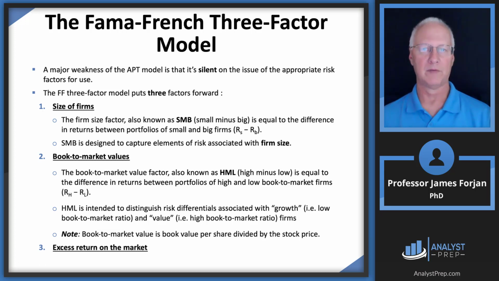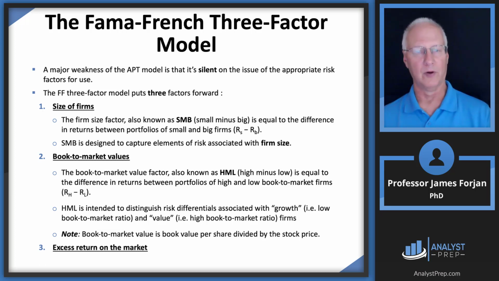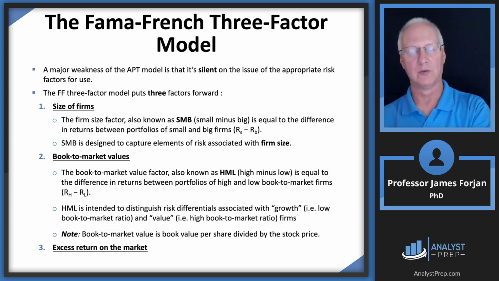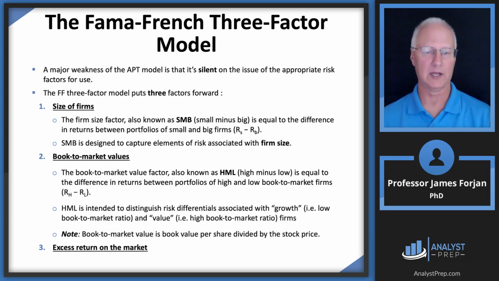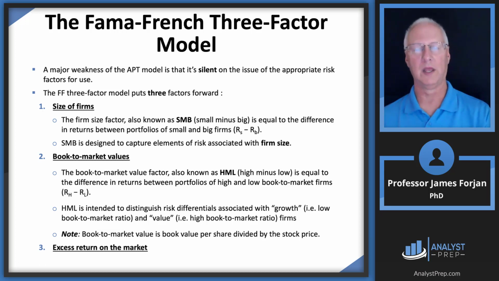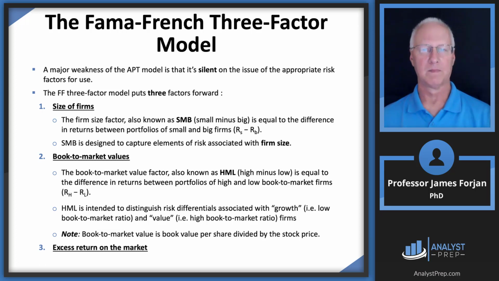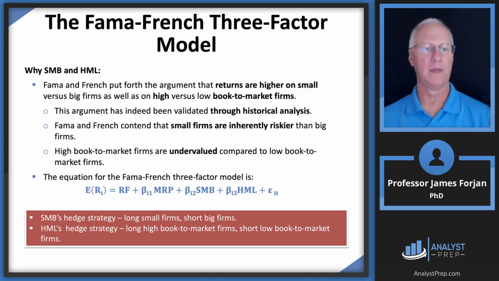And so what Fama and French learned was that there's a difference between firms that have high book-to-market ratios versus low book-to-market ratios. And so let's go ahead and put this in our model so that we can identify the difference and which of those low book-to-market ratios we want to include and which ones we want to exclude. And then, of course, they throw in the market portfolio as an acknowledgement to and a validation of William Sharpe and the capital asset pricing model.